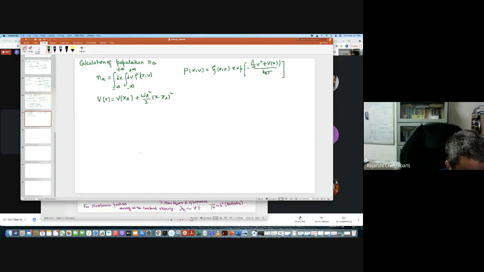Okay, now if I take this integral, now if you write down this p of x comma v, which is your f2, you just check your notes.